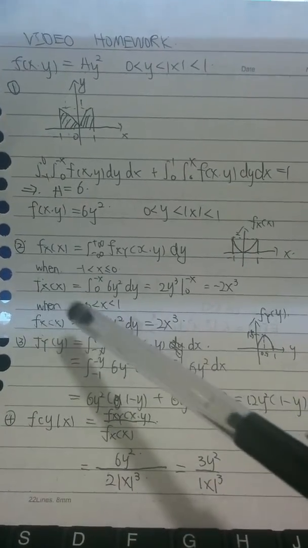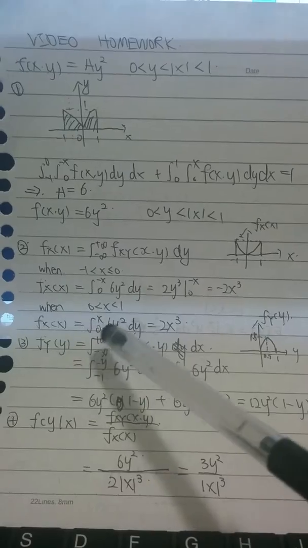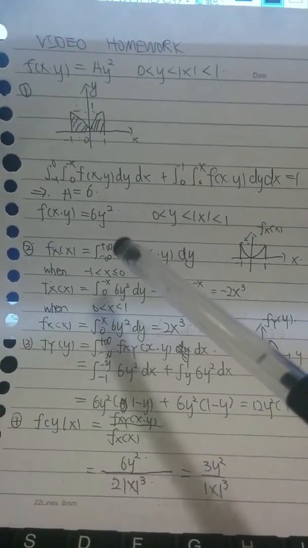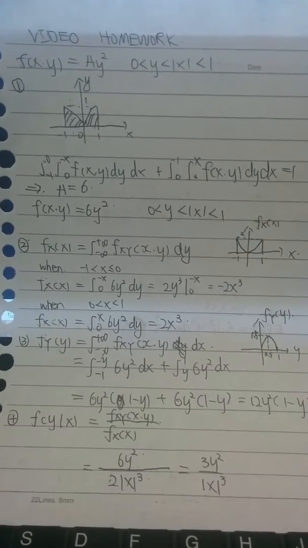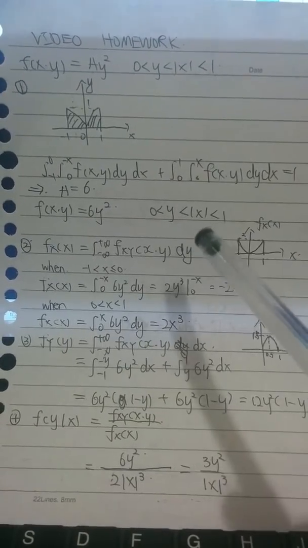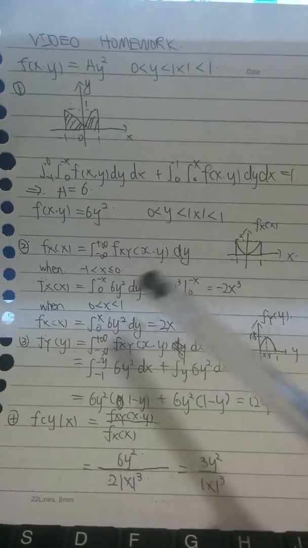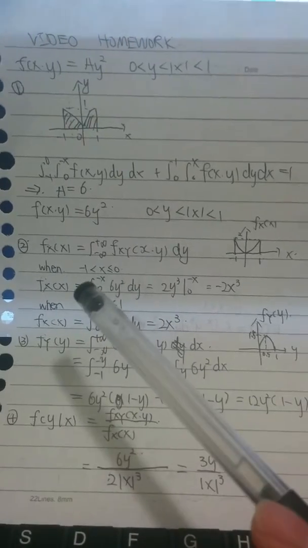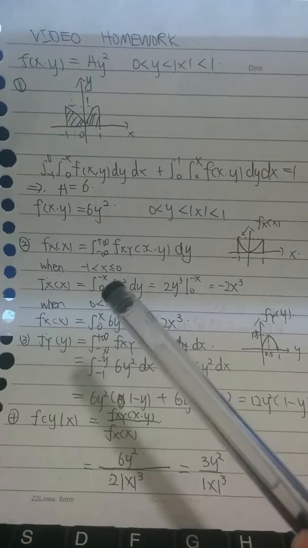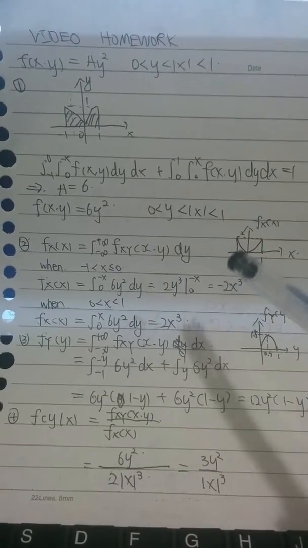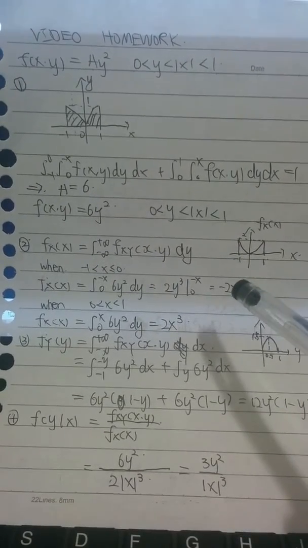From this part, I use 2 integrals respectively. So I draw the conclusion that if x is from -1 to 0, the density function of x equals -2 times x to the third.